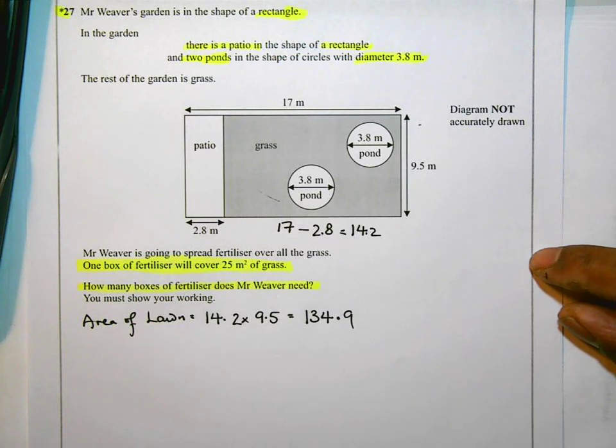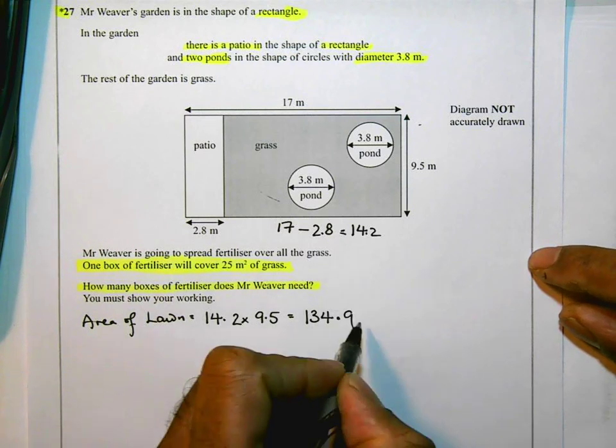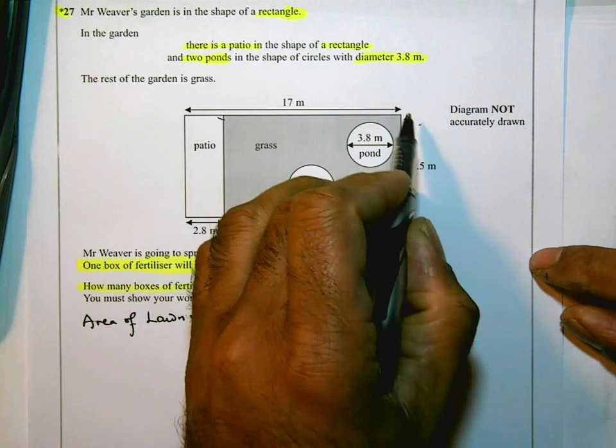Let's just confirm that that is all right. 14.2 times 9.5. Okay, so that's fine. Now that is going to be meters squared. That is the area of this big block here.